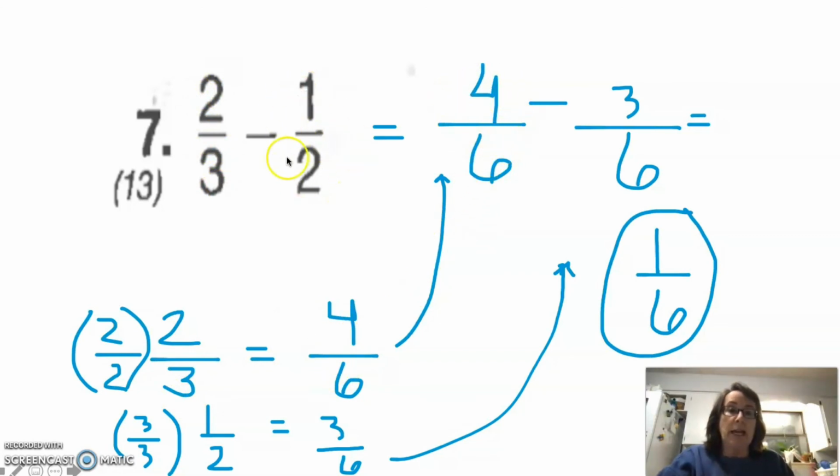And then we're going to change the 1/2 by multiplying by 3 over 3 to get 3/6, and we're going to put that right here. So we just took 2/3 and changed it to 4/6, and we took 1/2 and changed it to 3/6. So now that we have the same denominator, 4 take away 3 is 1. The answer is 1/6. We are done with lesson 25.